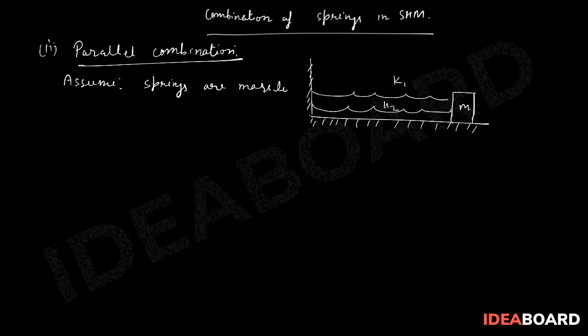Generally in physics we take springs as massless. Springs are massless. No extension earlier. That means they are in natural length. Okay. And they are connected with mass m.